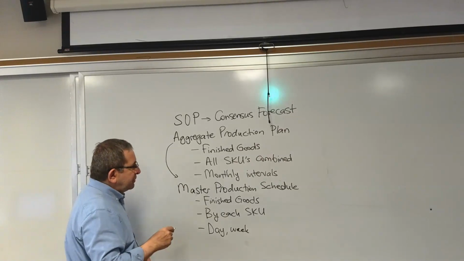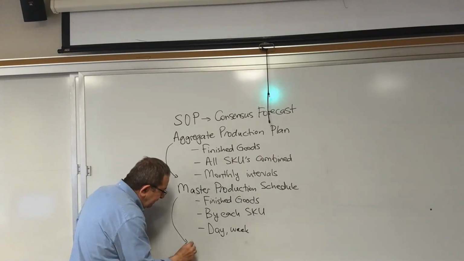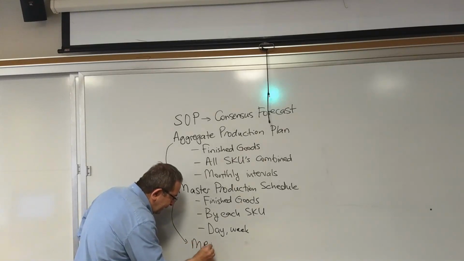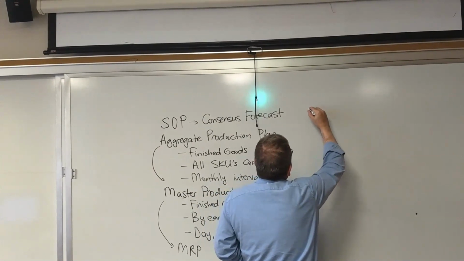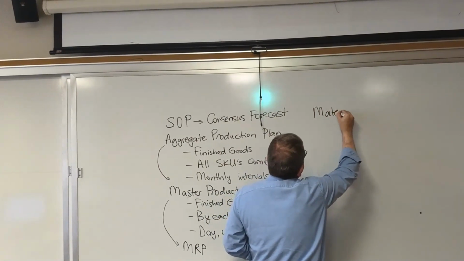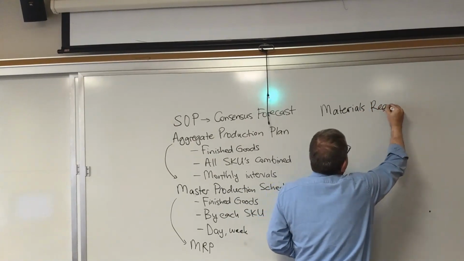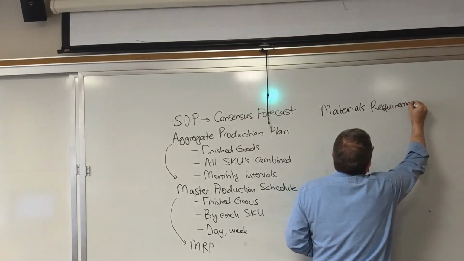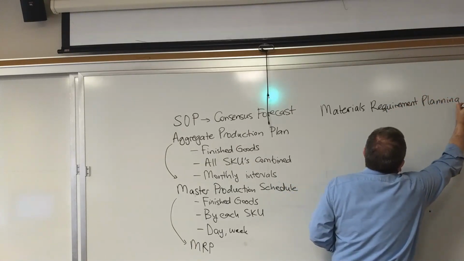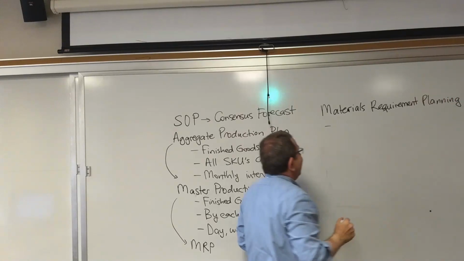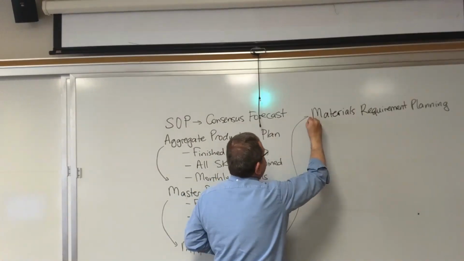So given the master production schedule, you go to materials requirement planning, MRP. So MRP goes from here to here.